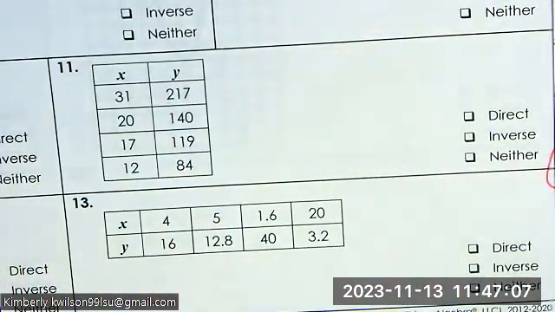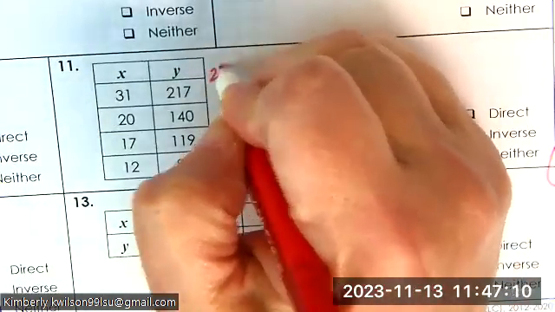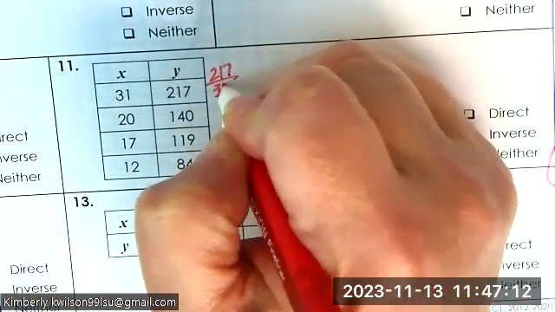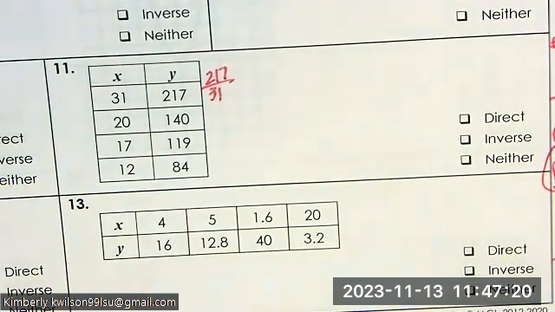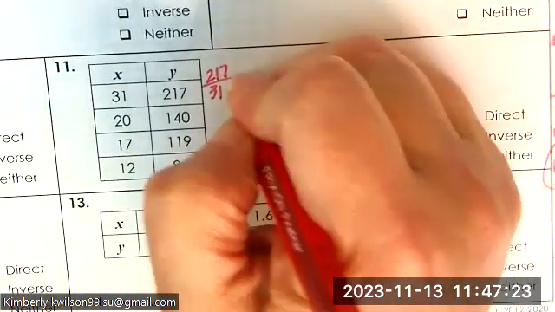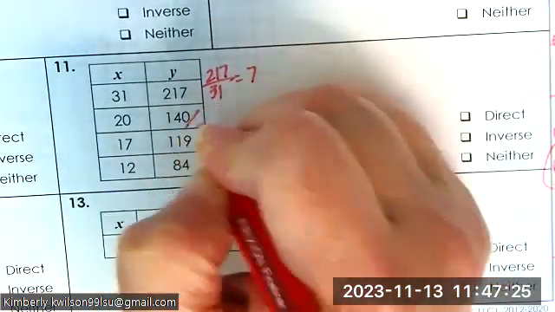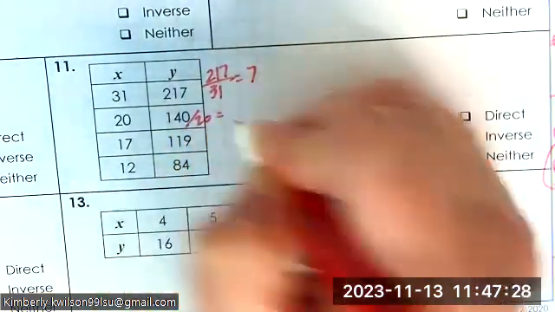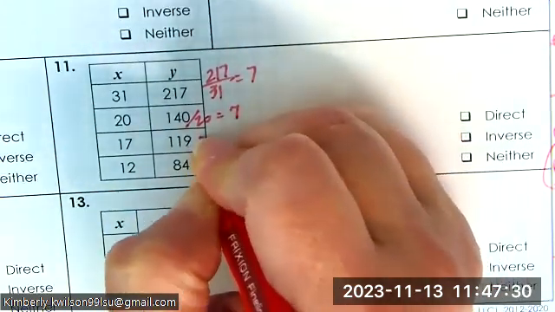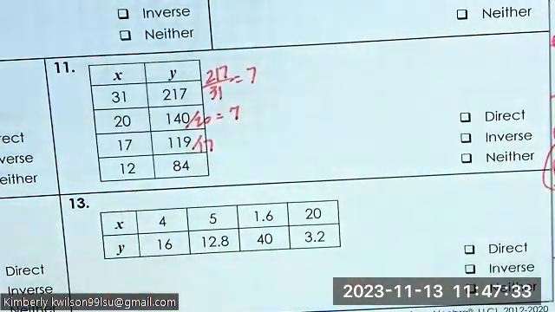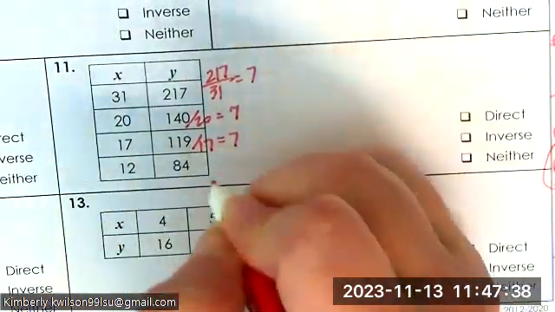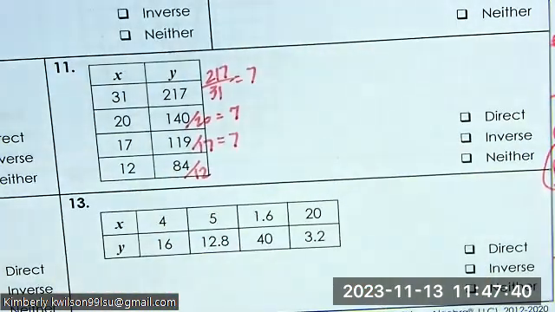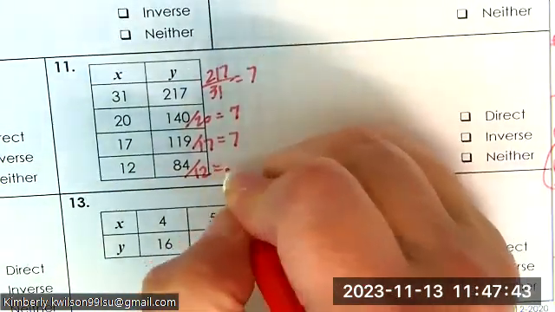I'm going to do division first. 217 divided by 31 is 7. 140 divided by 20 equals 7. 119 divided by 17 equals 7. 84 divided by 12 equals 7.